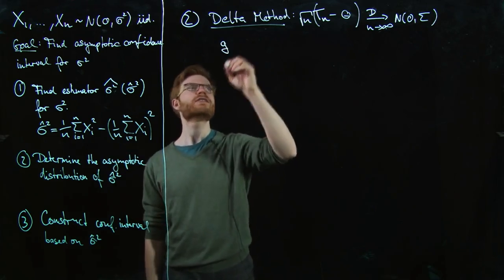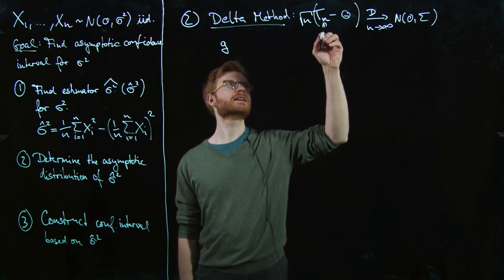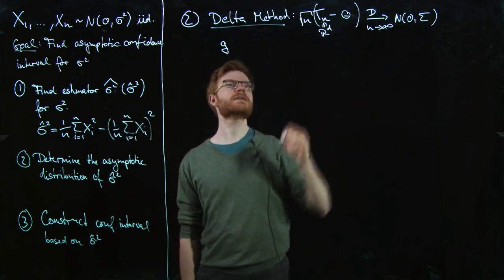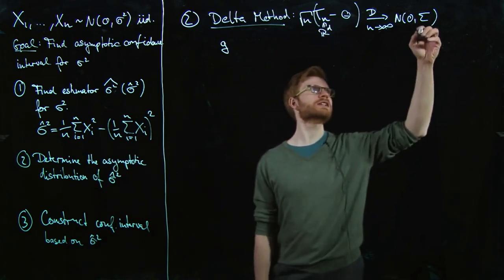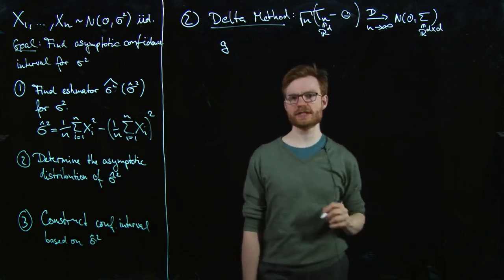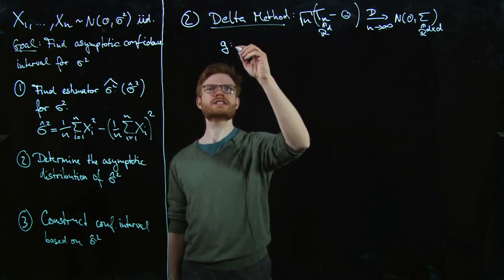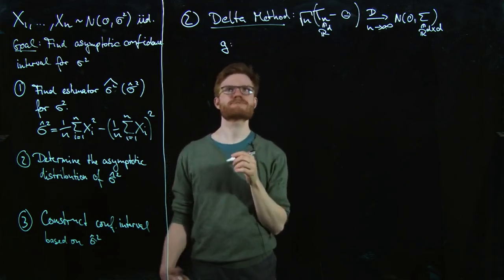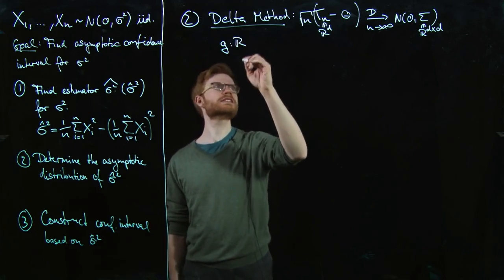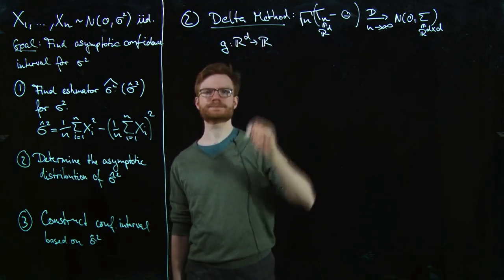Here Tn can be a d-dimensional random variable, and sigma would in turn be a d by d matrix. Then if I have a continuously differentiable function, let's just, for simplicity, assume that it goes from Rd to R.